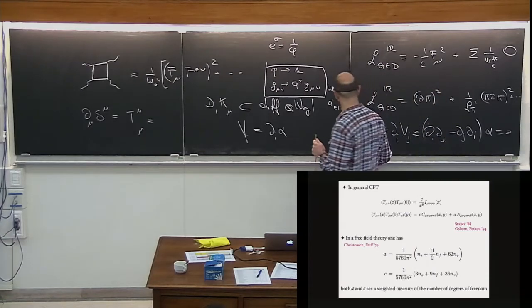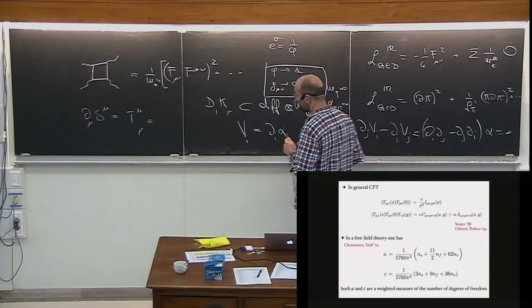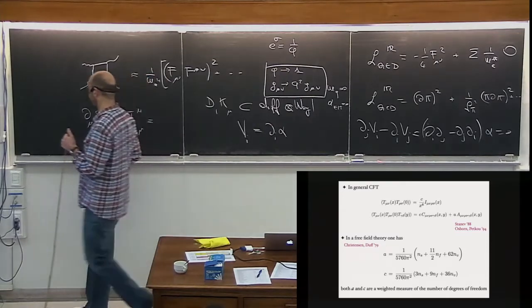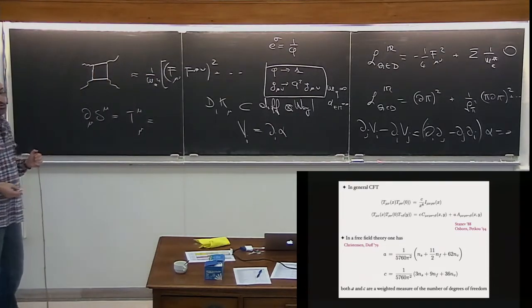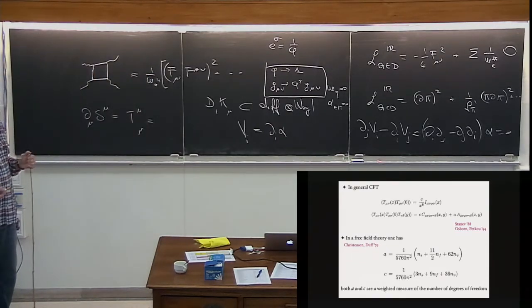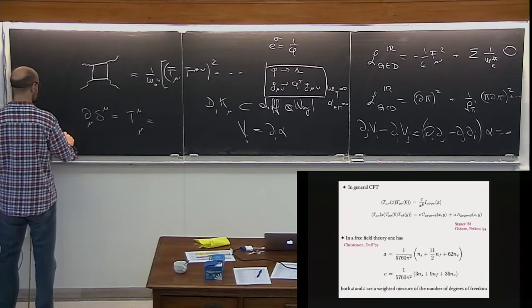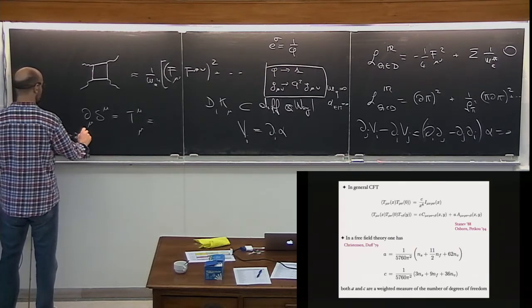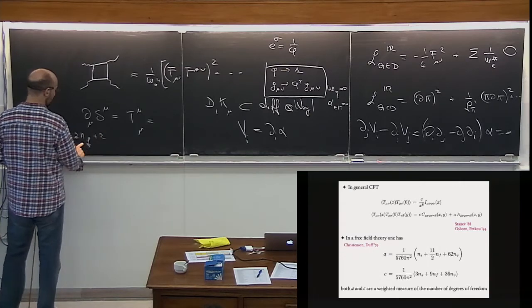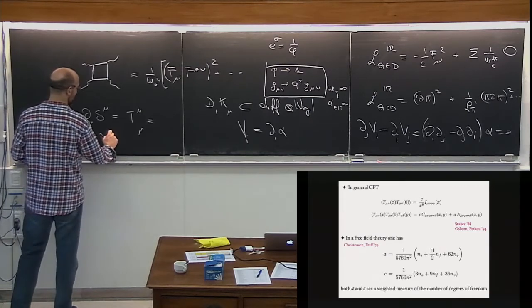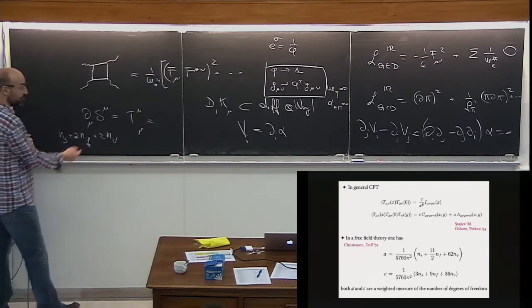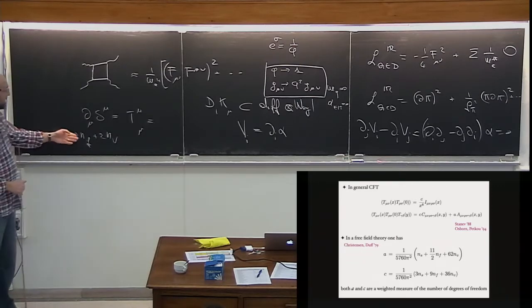You would have thought that a more intuitive measure would be the number of scalars plus twice the number of Weyl fermions plus twice the number of vectors, because they have two polarizations. If it's Dirac, you put 4.